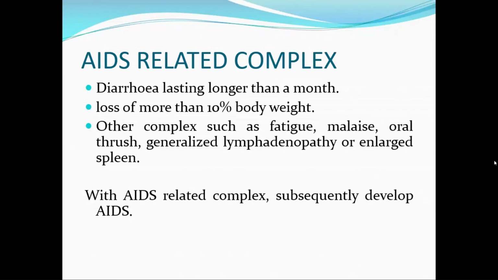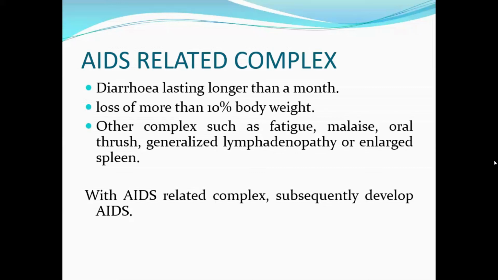Other complaints such as fatigue, malaise, oral thrush, generalized lymphadenopathy, and enlarged spleen. So generalized lymphadenopathy may be common. There is enlargement of lymph nodes more than 1 centimeter in diameter, occurring in 2 or more sites other than groin during a period of 3 months or more. So that is generalized lymphadenopathy.